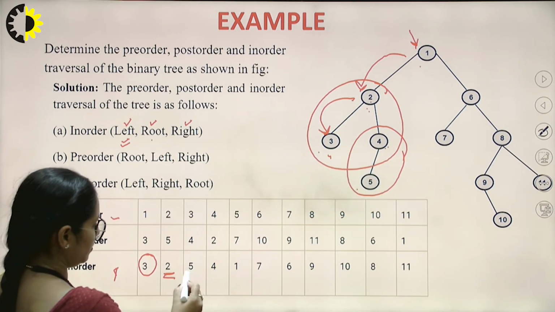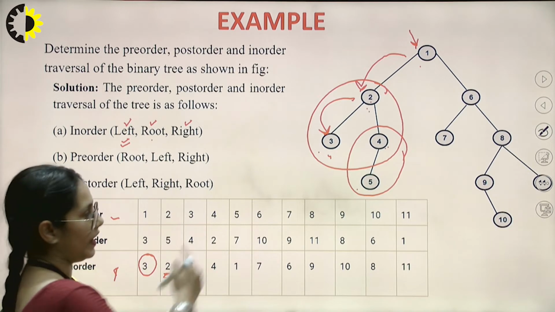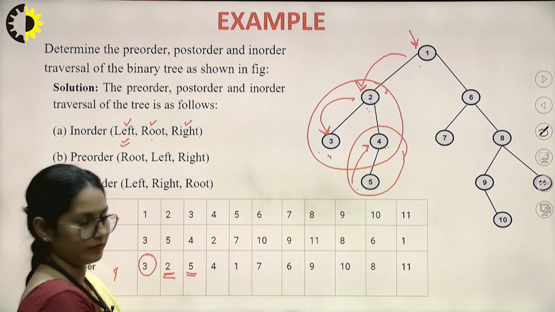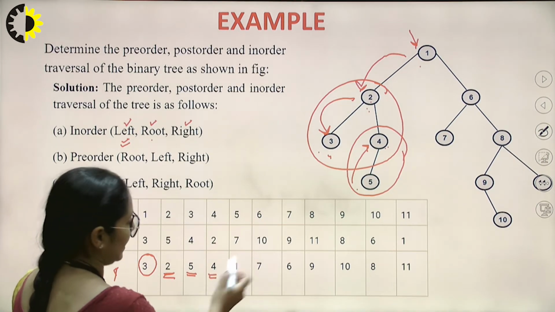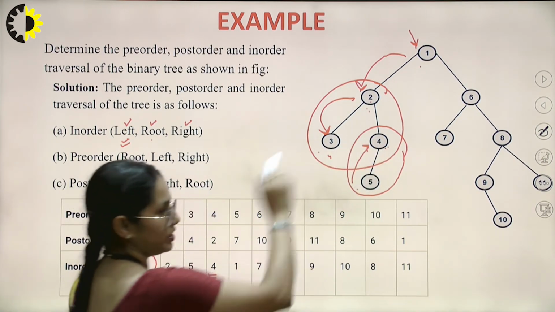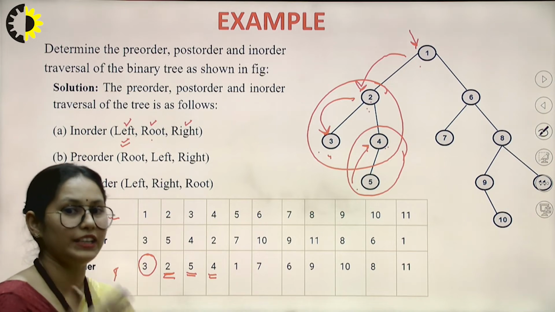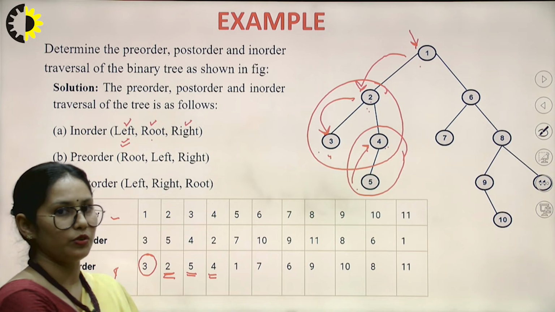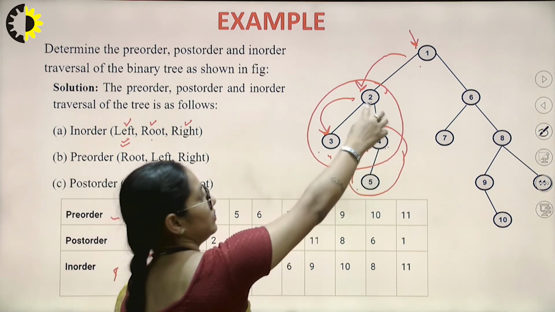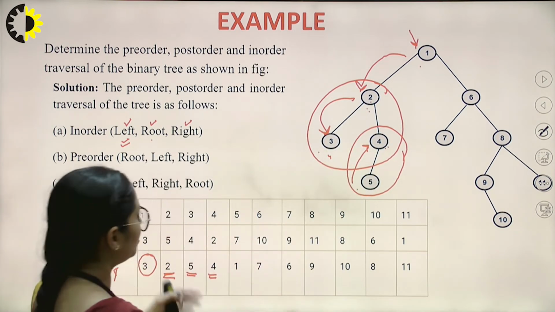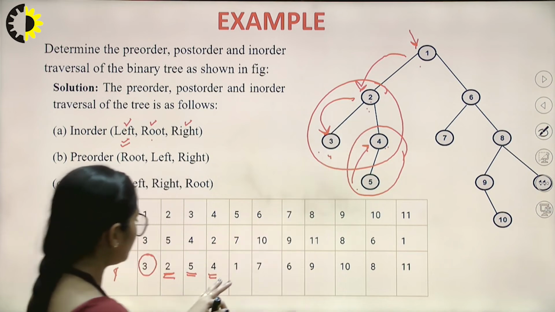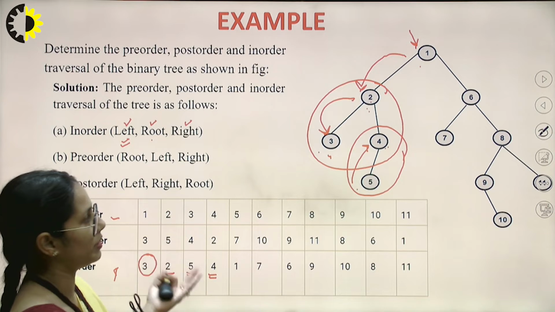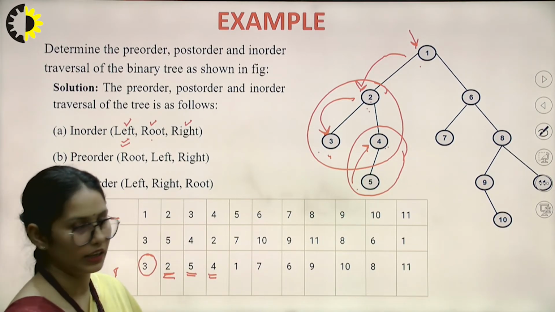So the answer would be 5, and then you go to the root node, that is 4. And because 4 has been traversed and is the rightmost node of this subtree, next is the root node, which will again be 2, and 2 has already been traversed. We will backtrack to 1.